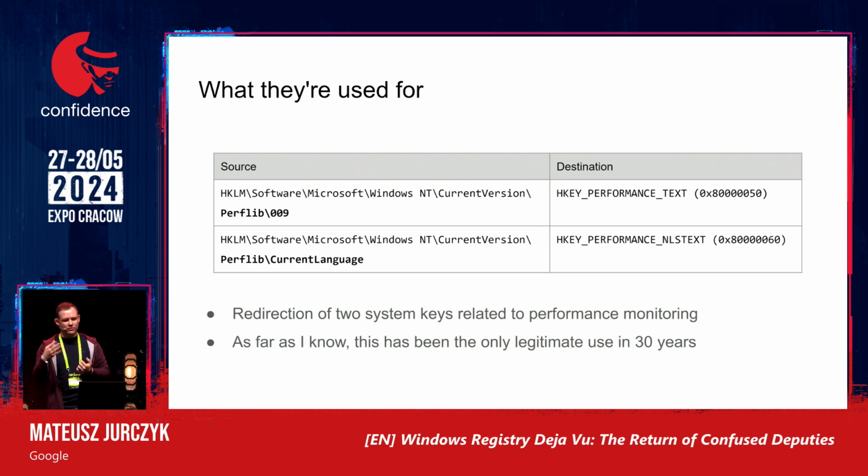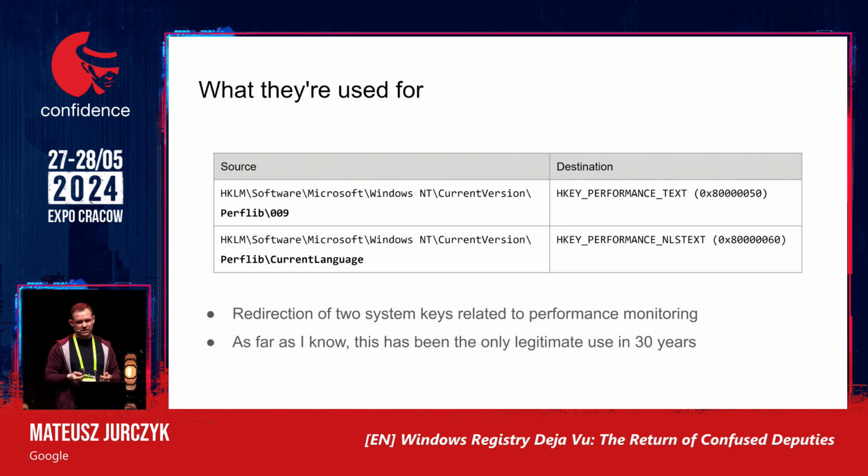And starting from Windows NT 3.1, instead of opening the special keys, you have to open the special HKEY_PERFORMANCE_TEXT and NLS_TEXT top-level keys to get the same information. So I guess they just introduced it as a legacy mechanism to keep the old applications working if they were opening the registry key and not directly opening HKEY_PERFORMANCE_TEXT.